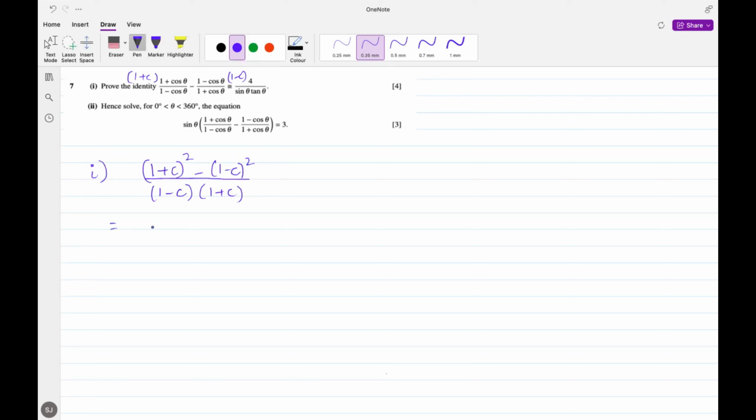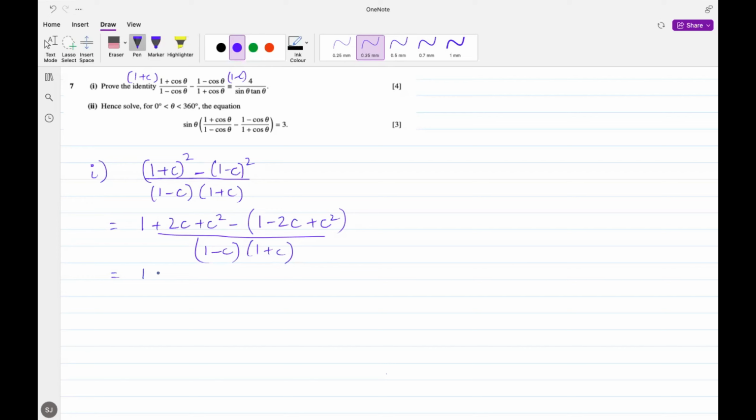Expanding (1 plus cos) whole squared, we'll get 1 plus 2 cos plus cos squared minus. Now it is important to keep the brackets as the signs will change, as this negative sign is with the complete bracket. So this will become 1 minus 2 cos plus cos squared, and the denominator will remain 1 minus cos and 1 plus cos.